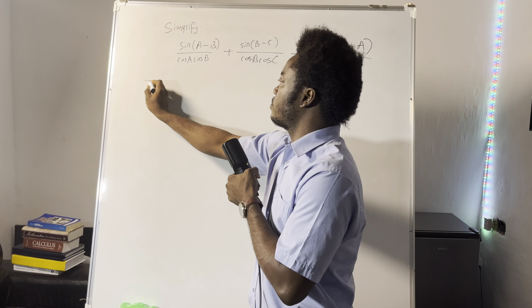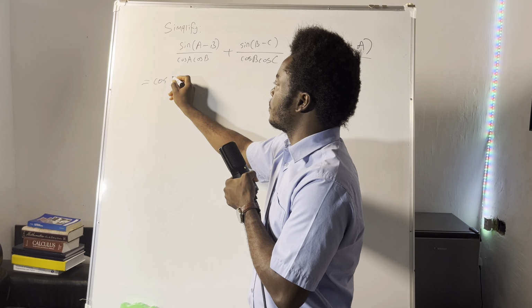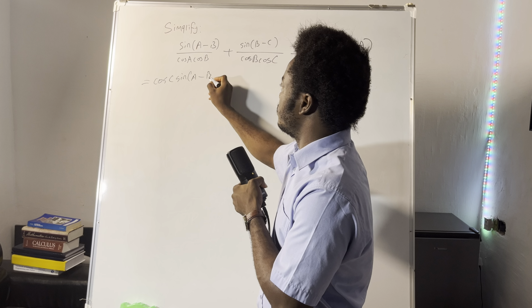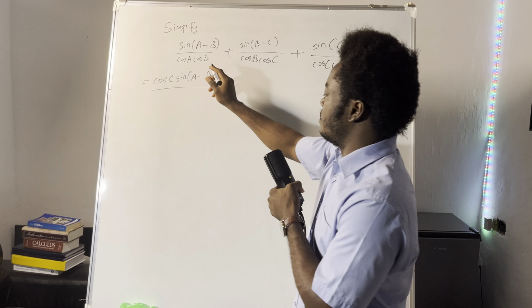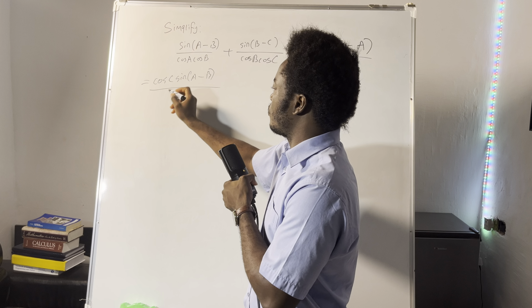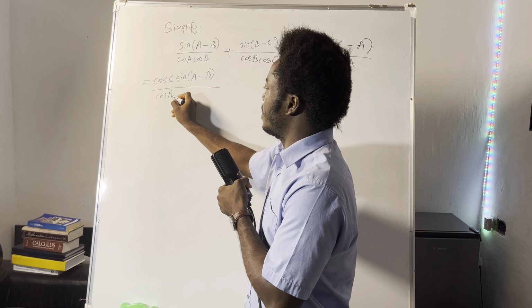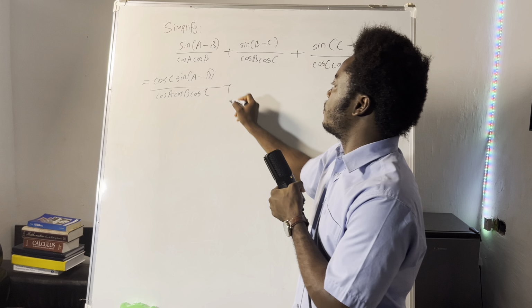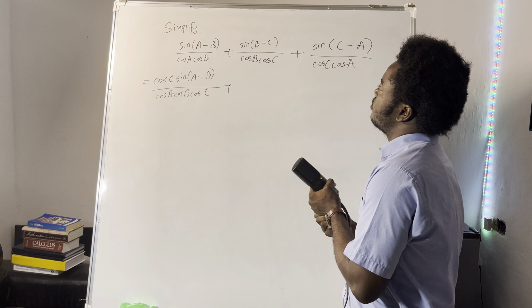So this would be equal to cosine C multiplied by sine of A minus B, all divided by cosine A, cosine B, and cosine C, plus, for this middle part, what is missing?